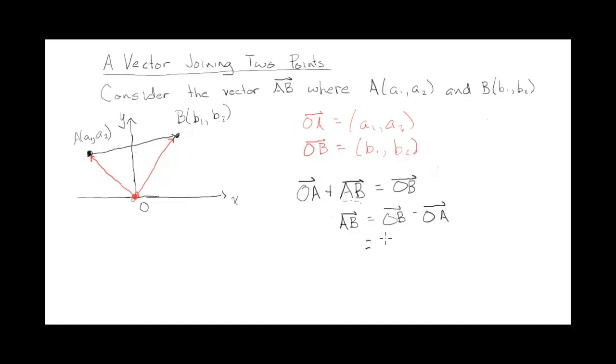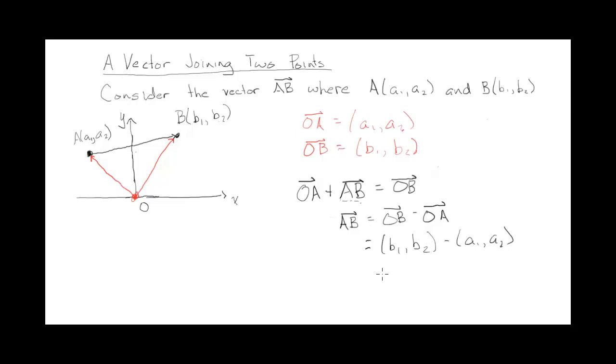OB is the vector B1, B2, and OA is the vector A1, A2.